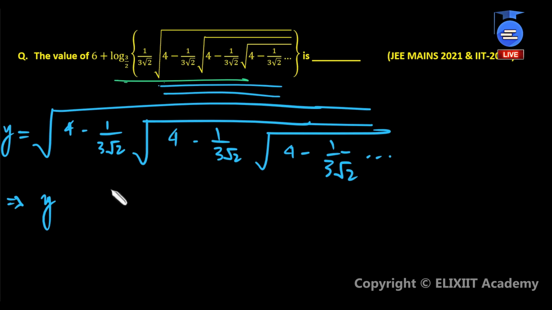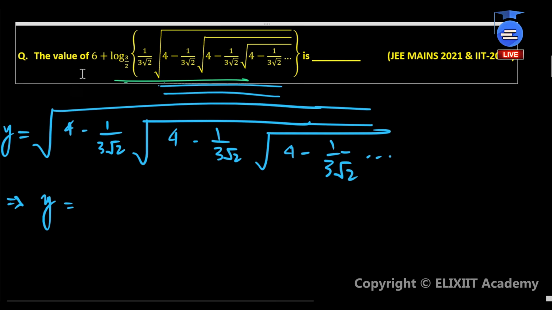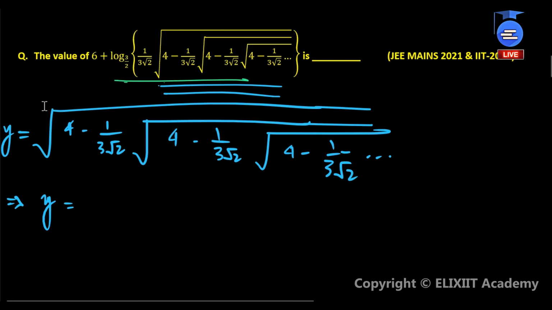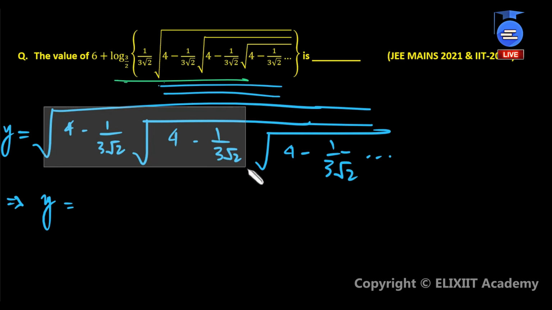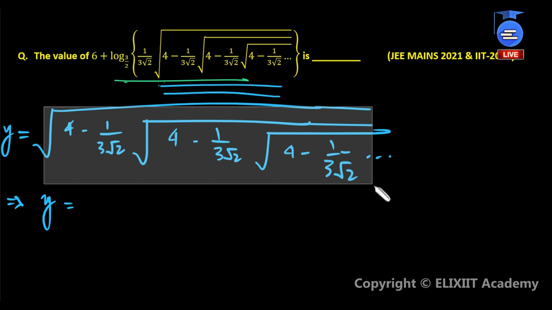Observe from here, if you close this part, take a part out, you have the remaining 4 minus 1 by 3 root 2, again 4 minus 1 by 3 root 2, and so on. This will continue. Again, if you close this part, this will again continue. This keeps on going.